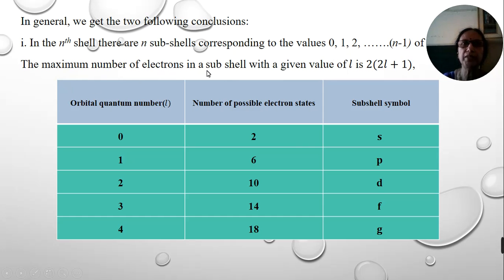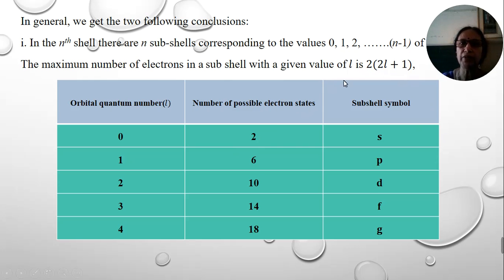The maximum number of electrons in each subshell is given by the formula 2 into (2L plus 1). So I have listed the values according to this formula. Now if you substitute 0 here, we will get 2. So according to the formula, the maximum number of electrons that can be accommodated in each subshell is 2 into (2L plus 1).